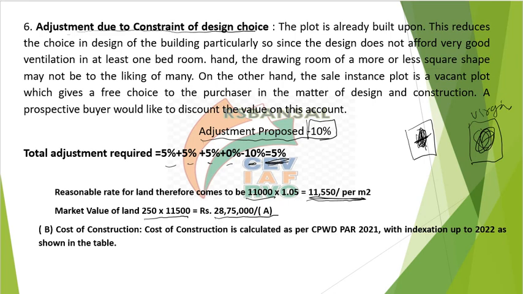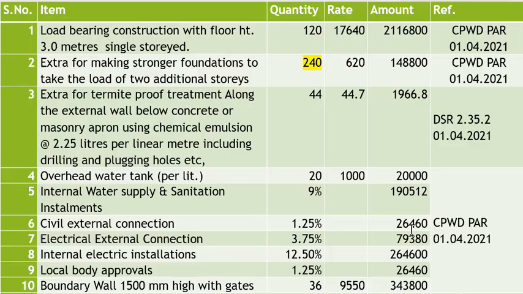Then cost of construction. For cost of construction, we calculate it as per CPWD plinth area rate 2021, which was available to us. We are doing valuation in 2022, so we will apply indexation for 2022. How it is done, we will discuss in the next slide. This is the plinth area which is given: load bearing construction, floor height 3 meter, single story building, 120 square meter is the area.